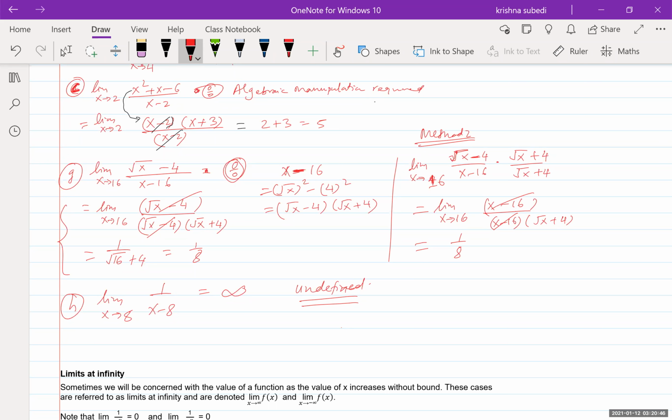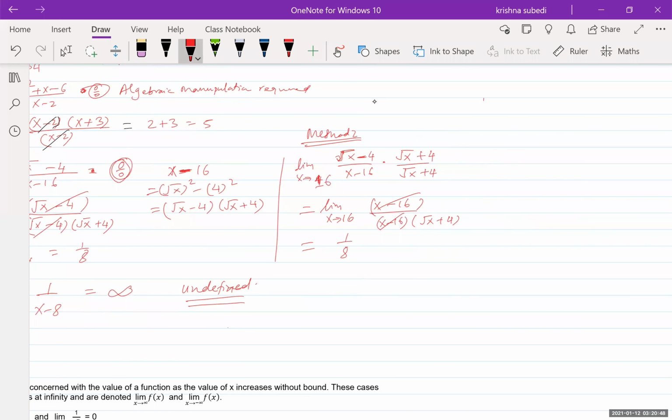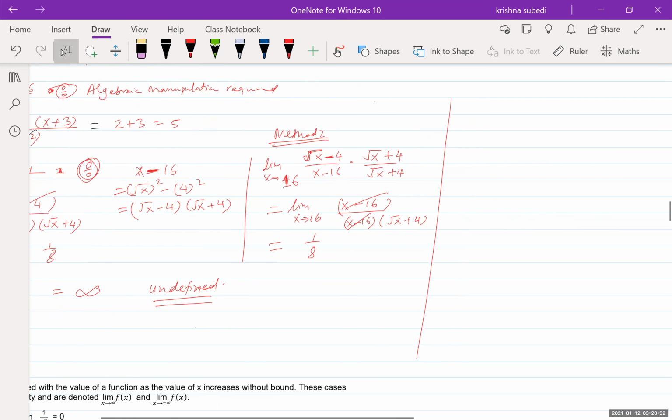Okay. In the quiz, in the test, I gave one question in the previous semester. The question was this. And one of the students wrote this answer. This is his answer.